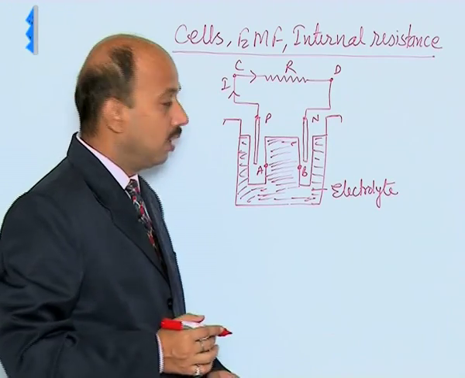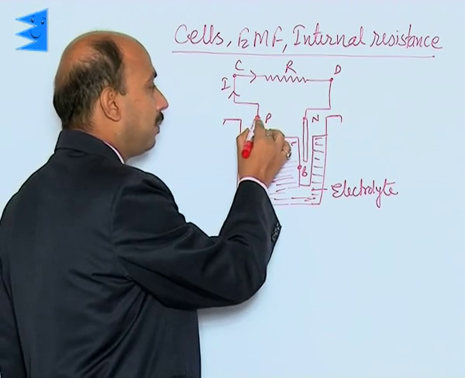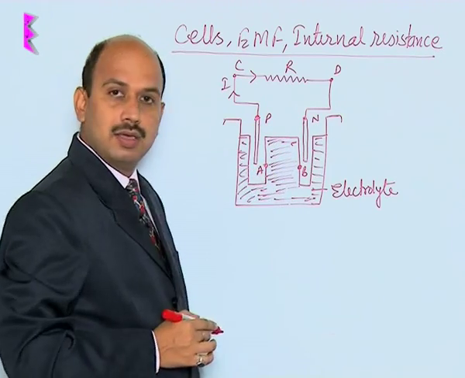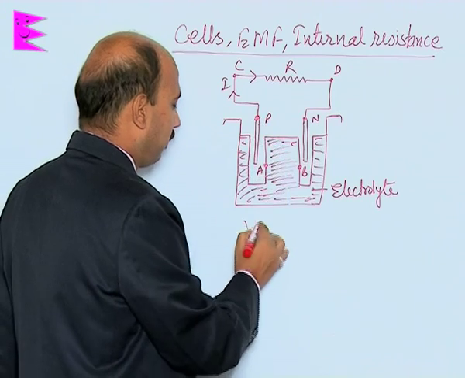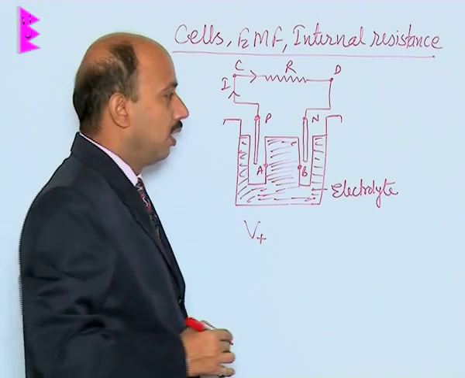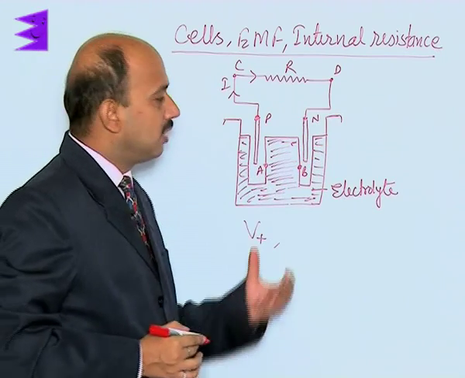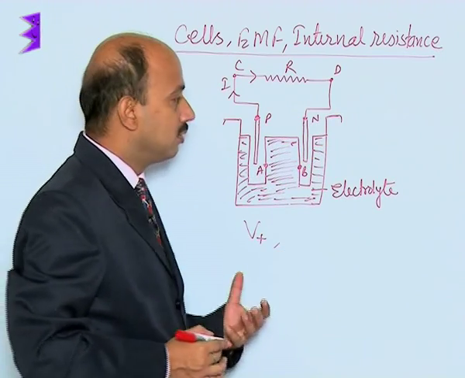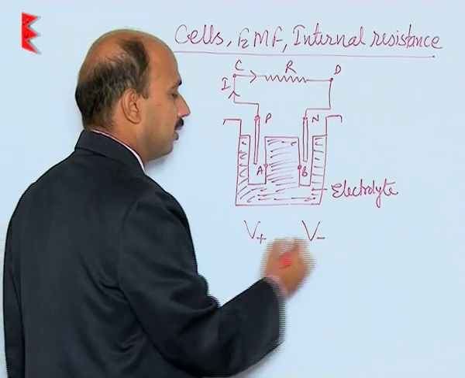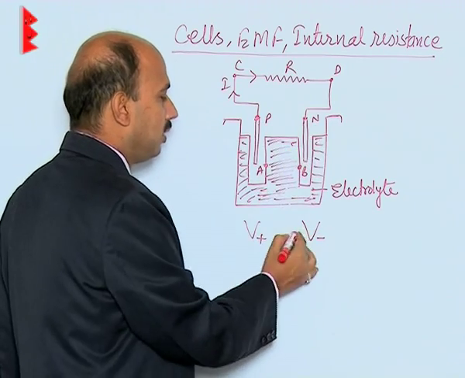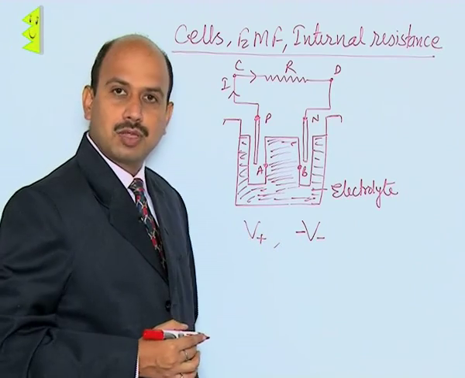Now, see here, the potential at P relative to this point A is, suppose, V plus, and the potential at N relative to the point B, that is just adjacent to the electrolyte, is V minus. So, this is the negative potential and this is the positive potential.